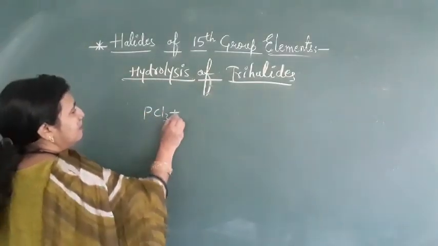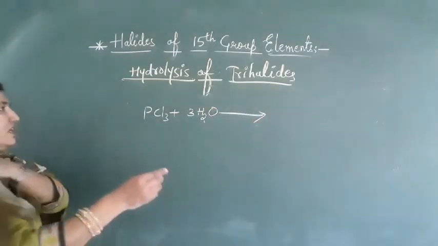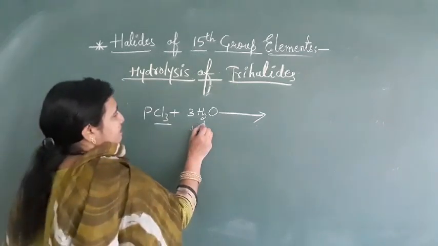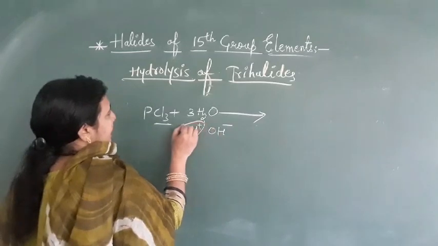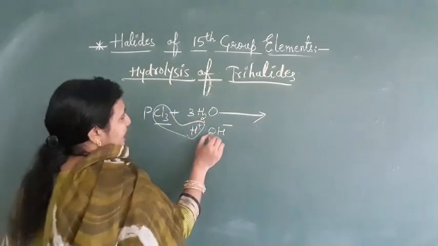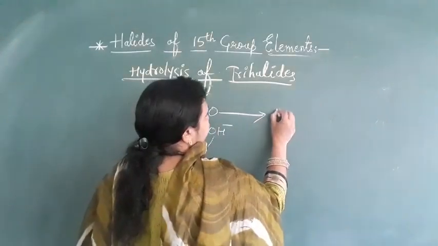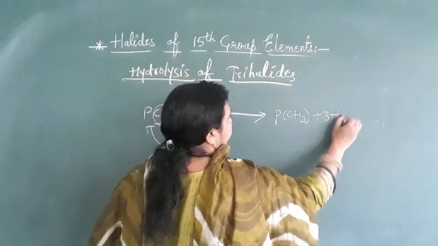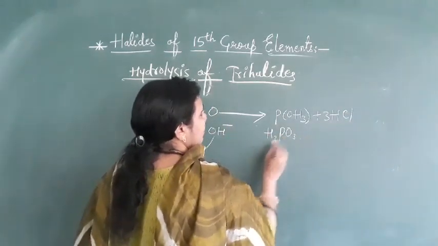PCl3 plus 3H2O gives, this chlorine is replaced by OH. Here H plus and OH minus we can say. So this H plus goes with Cl minus, and this OH goes with this phosphorus. So we will get P(OH)3 plus 3HCl, or it is H3PO3, phosphorus acid.